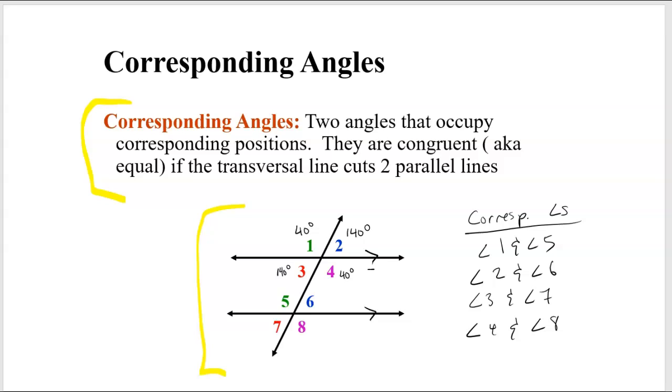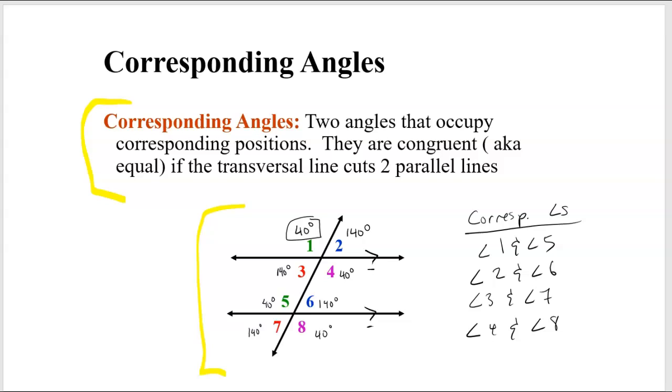Since I did put this symbol in as parallel, now I know that 40 matches up with 5, so that means that that's 40. The 3 matches up for sure with the 7, so that gives you 140. So notice that I just gave you this one to begin with, and you can figure out all of the rest of them. If they were not parallel, we'd only be able to figure out 1 through 4. If I just gave you 1, I'd have to give you other information.